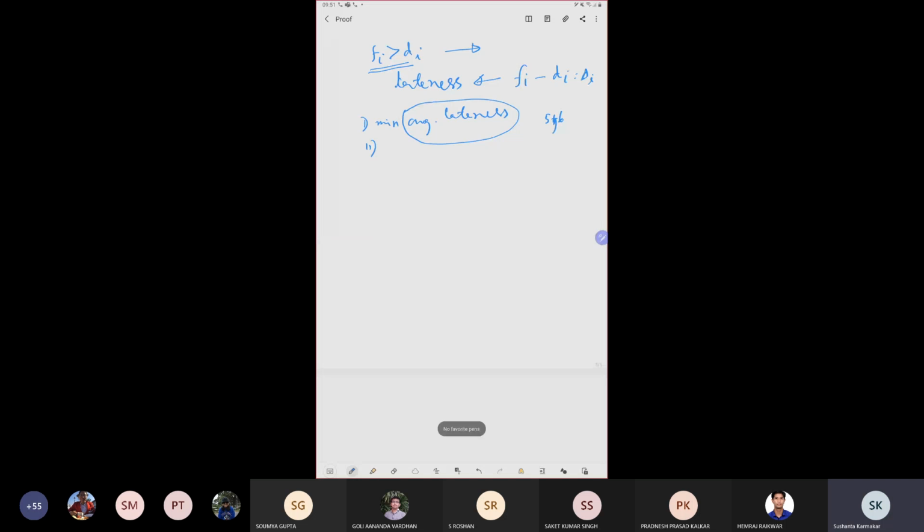One is 5, 6. What is the average? Average is 5.5. But I take another one, 10 comma 1. One job is 10 units late, another is 1 unit late. The average is still 5.5.